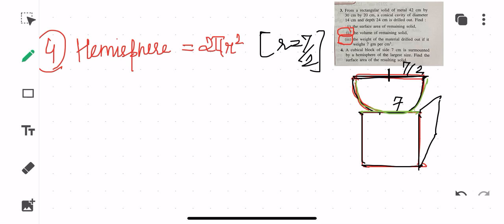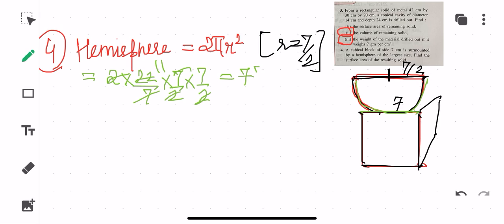Its area will be given by pi r square. I'll just do it for you. For the hemisphere, the surface area is 2 into 22 upon 7 into 7 upon 2 into 7 upon 2. So this gets cancelled, and you are getting 77.